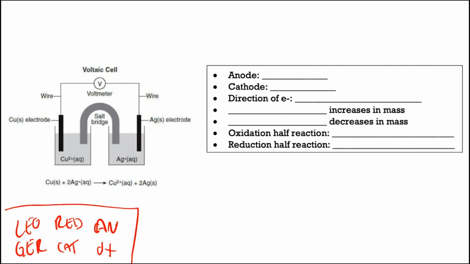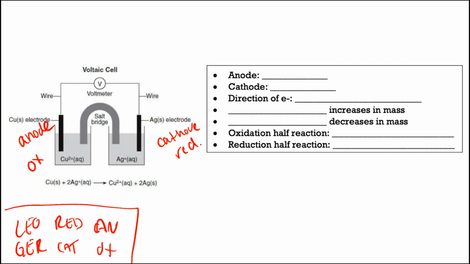So in order to figure out which is the anode, which is the cathode, you have to use Table J, and whichever one is higher up is the anode. So in this case, copper is the anode, and we know oxidation takes place. That's where An Ox comes from. Silver is lower, which means it is the cathode, and that is where reduction happens. That is where Red Cat comes from.